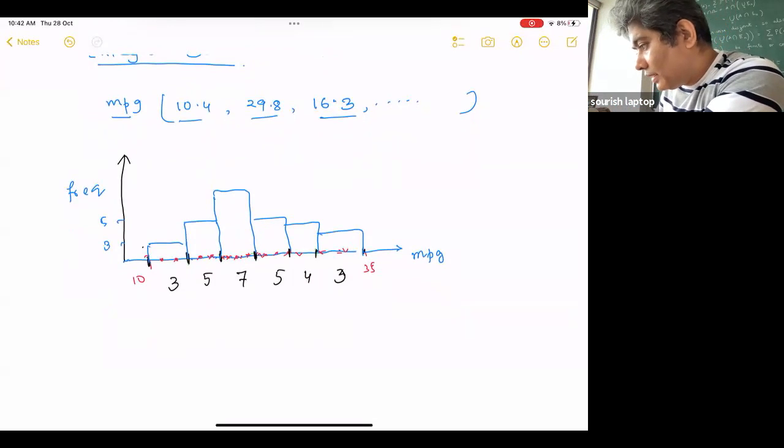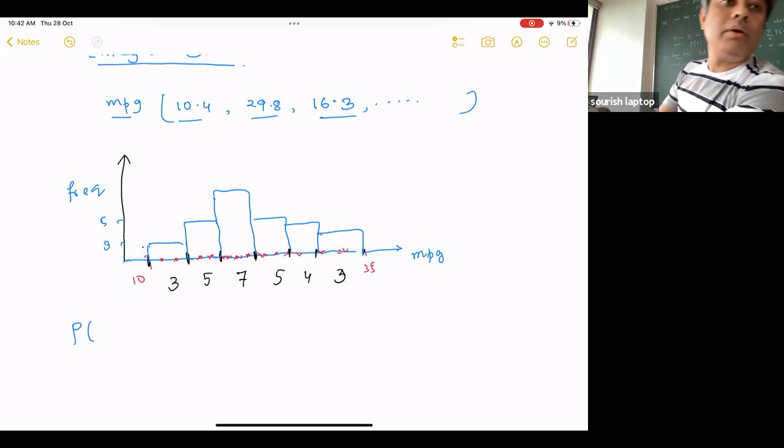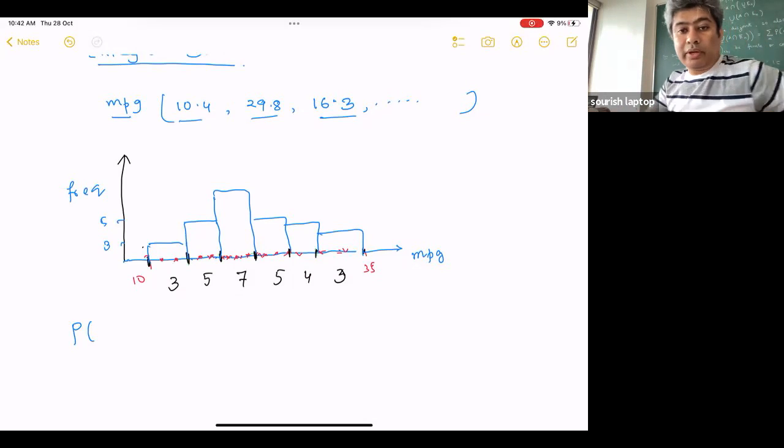Just a basic definition. The empirical estimate is basically this: if I am interested in the probability that a value is between, say, 10 and, just a minute, hold on.